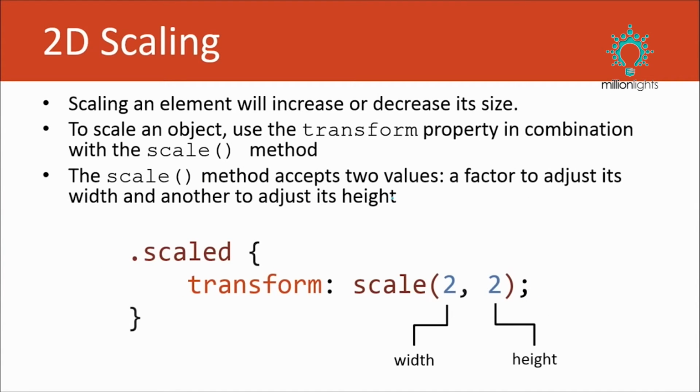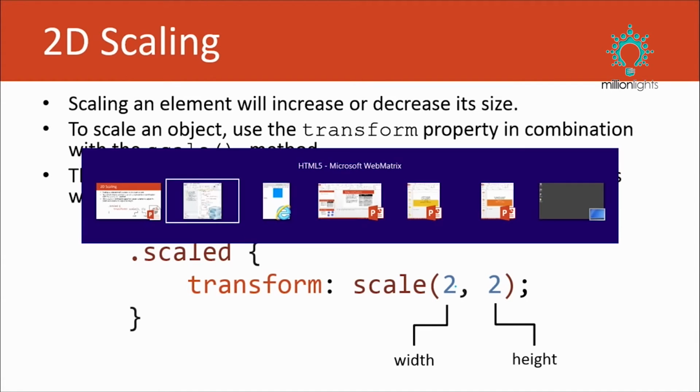Let's talk about scaling. Scaling an element, all that it does is it increases or decreases its size. Once again, we use the transform property along with the scale method, and it just accepts two basic values. It's got a factor to adjust its width and a factor to adjust its height. Okay, width is going to increase by 2 times. Height is going to increase by 2 times in this case.